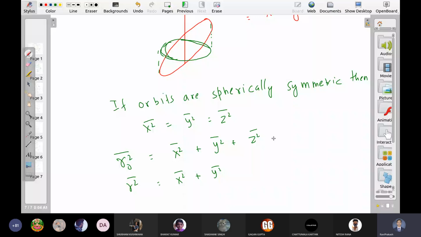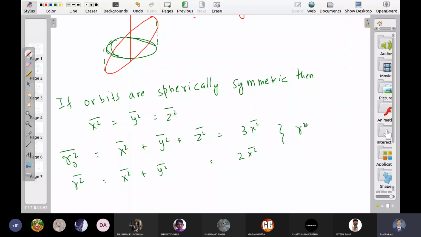This is 3 x square average. This is 2 x square average. Or I can say r square average is equal to 2 by 3 r naught square. Okay.